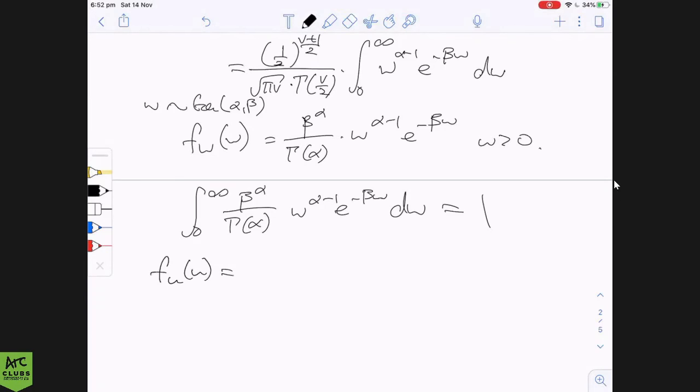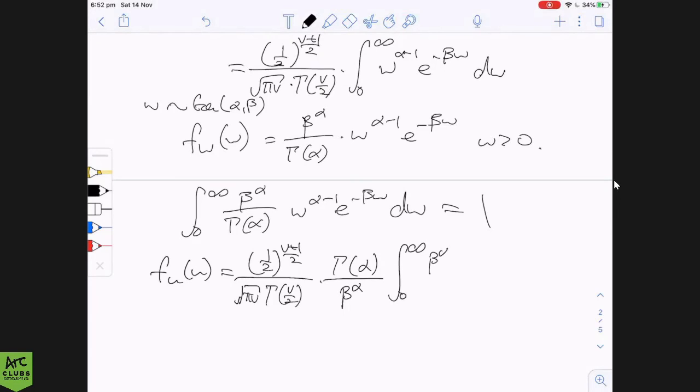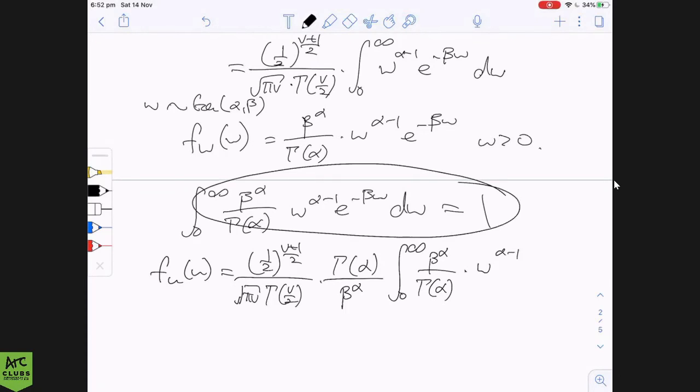So if we plug that into this formula over here, now we can make f u of u equal to this expression on the left times gamma of v over 2, and then you times by gamma of alpha over beta to the alpha, and make this integral just like the one over here.